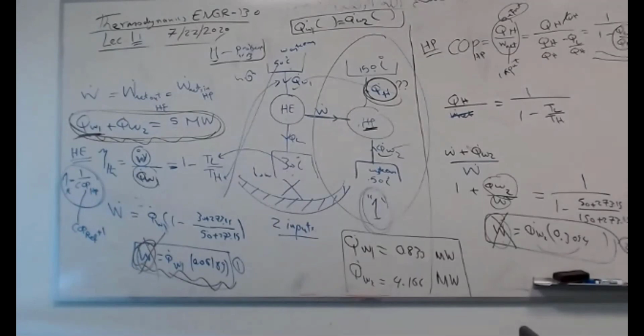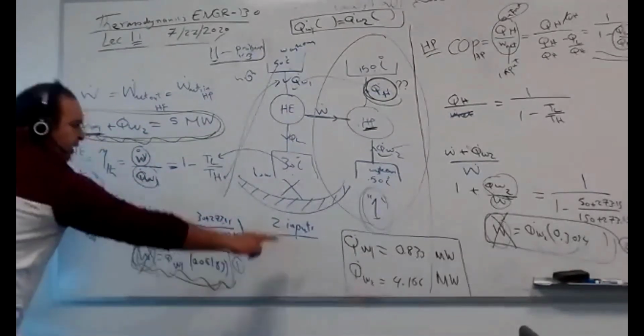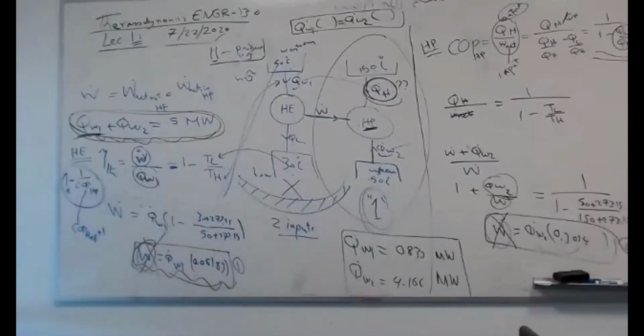The equations we just used earlier to relate this Q1 dot. Equation number 1 or equation number 2, both are the same. So from any of them, you can get W dot, which is about, I think, 1.3 megawatt.